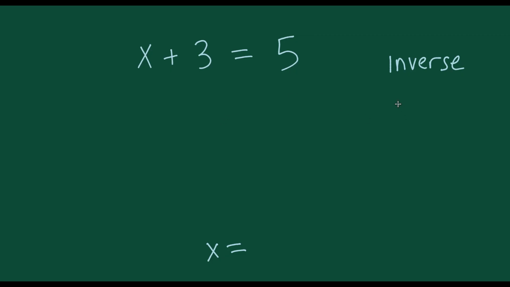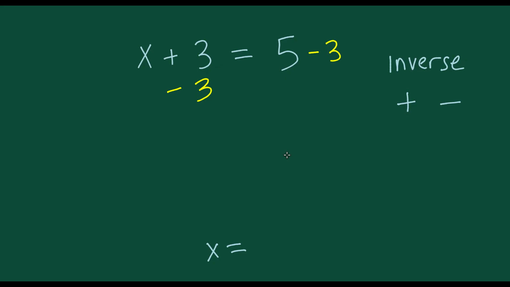Now, what is the inverse of addition? The inverse of addition is subtraction. So instead of plus 3, we want to subtract 3 from both sides. That is very important, from both sides.